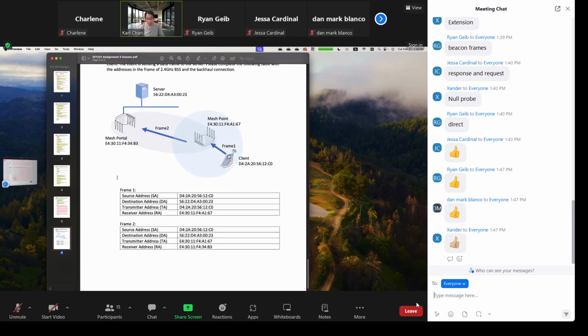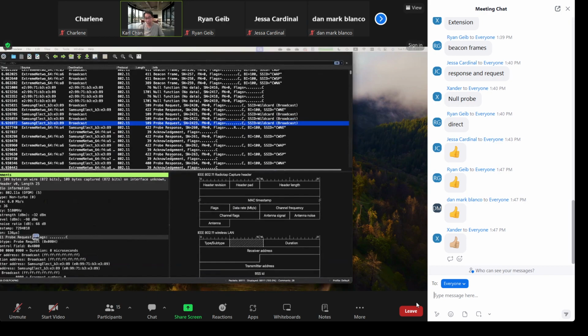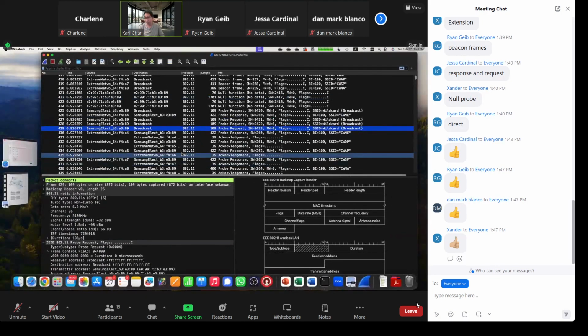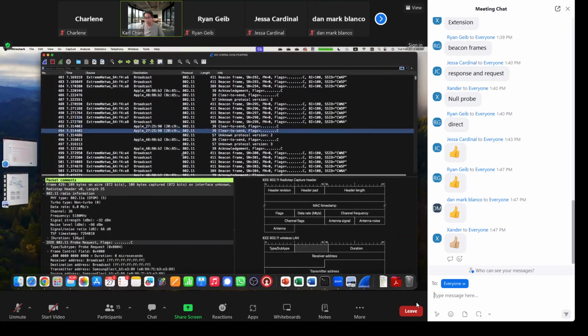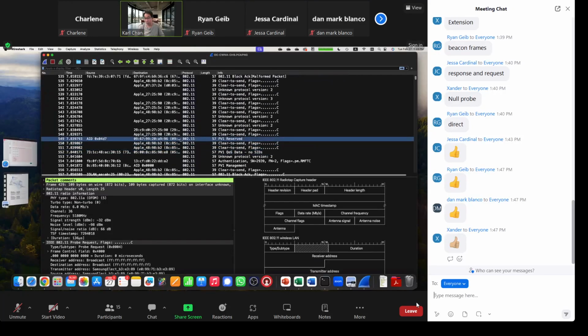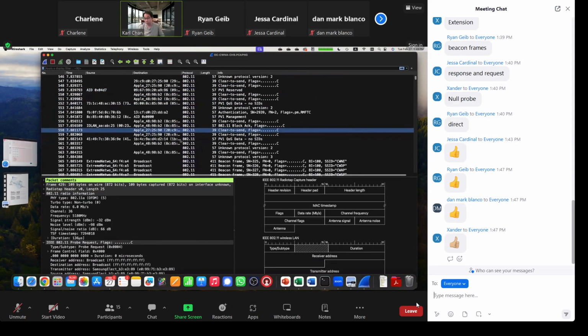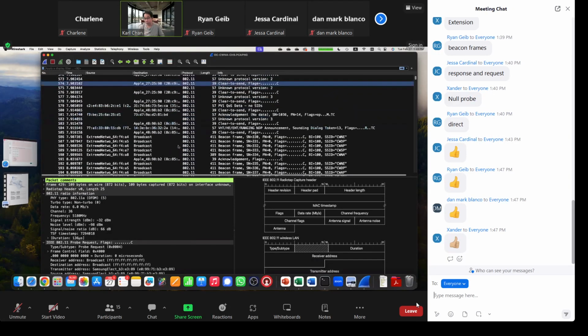So this is the application, how you identify the fields. And also you can see this from the frame capturing. So let me find some unicast frame.